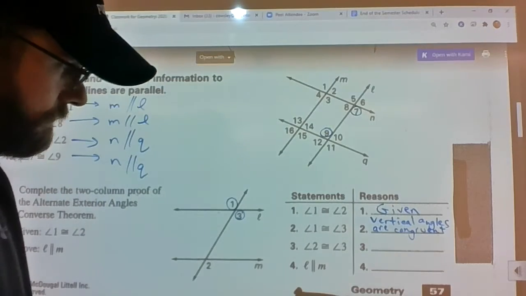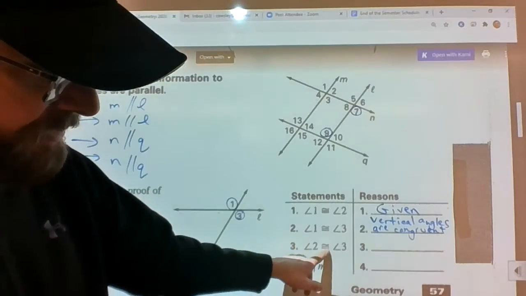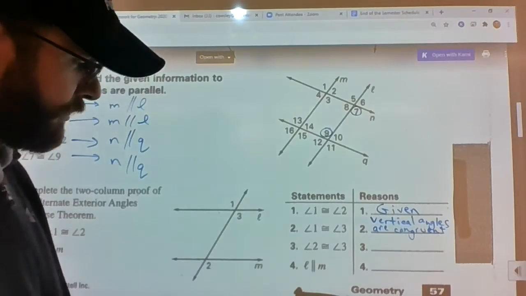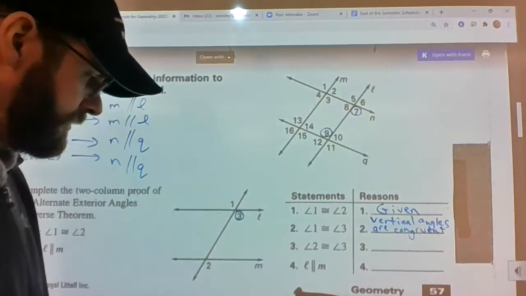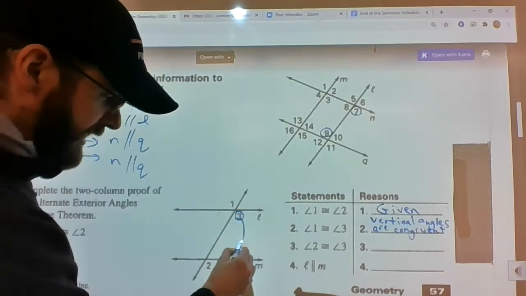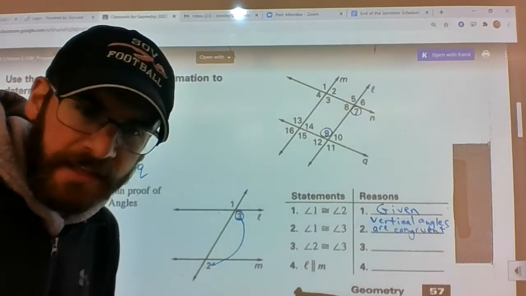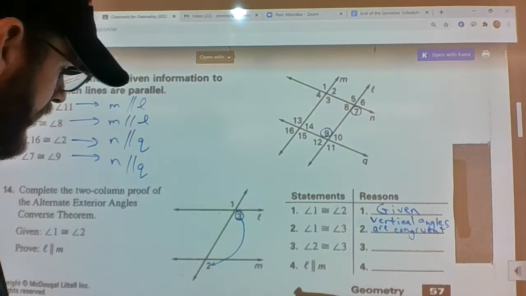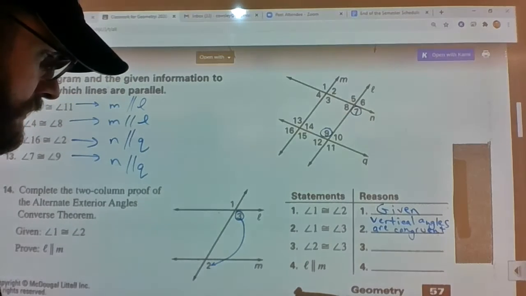Well, why would angle 2 have to be congruent to angle 3? Here's angle 3. Is there a reason why this one and that one have to be the same measure? Well, yeah. Wait.